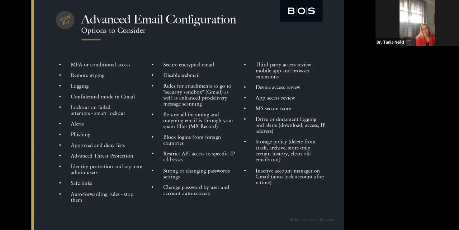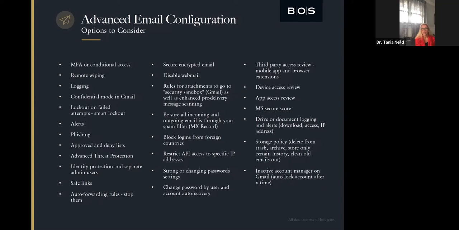I want to introduce you to the concept of conditional factor, being able to remotely wipe your phone or your laptop, making sure that you're logging where access is coming from, making sure that if you use Gmail, you can actually have the confidential mode, making sure that your iPhone and your computers lock out after failed attempts, making sure that you have alerts if a new device has tried to access your email.